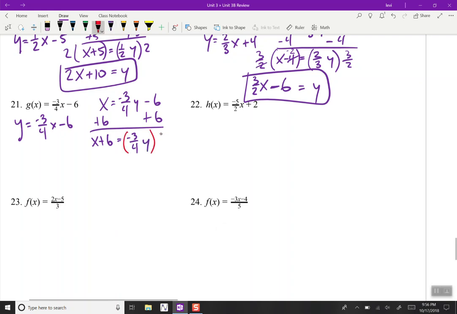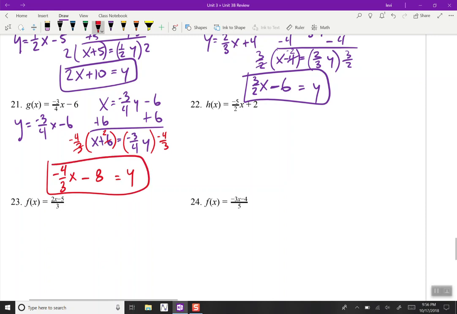Multiplying by -4/3, so y equals -4/3 x, 3 and 6, the 6 turns into a 2, right? And 2 times -4 makes -8. So y equals -4/3 x minus 8.